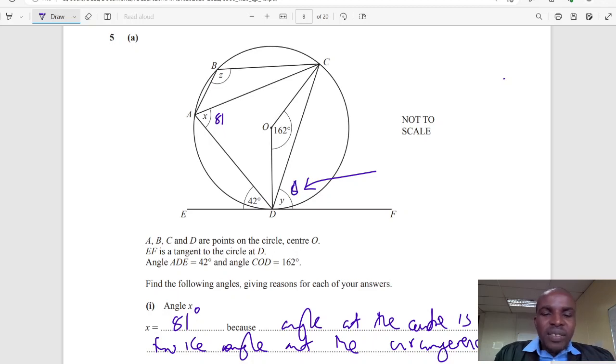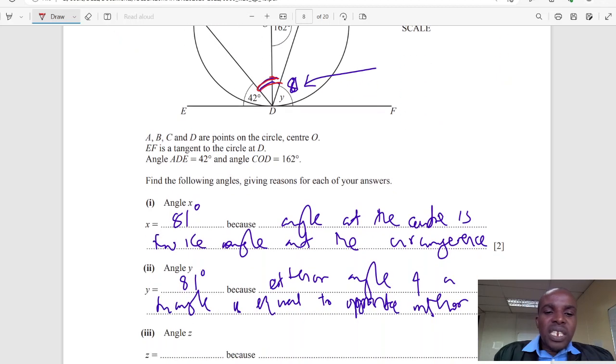Next, we want to find our Z. Let me change my ink and mark my angle in red. If I can find this angle, then I can use cyclic quadrilateral ABCD, where opposite angles add up to 180.